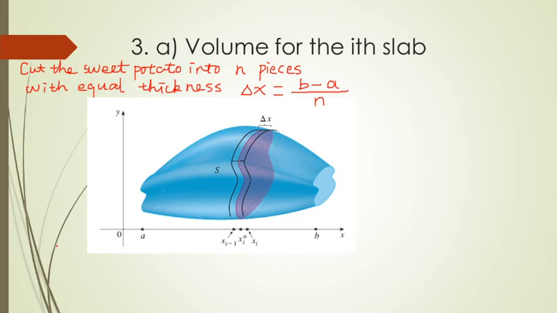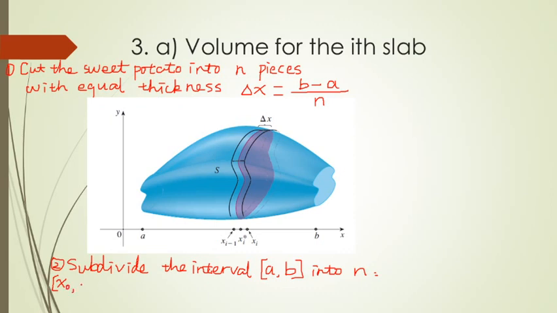We can write it as x0, x1, x2, x3, and the ith one will be x(i-1) to xi, and the last one will be x(n-1) to xn.